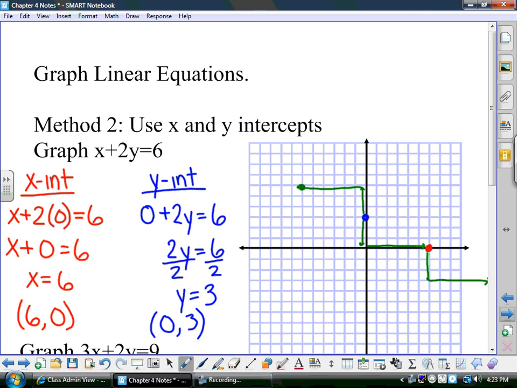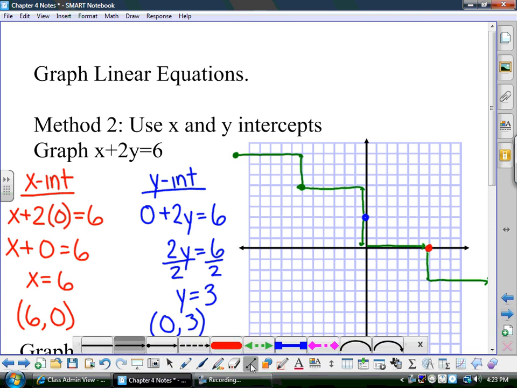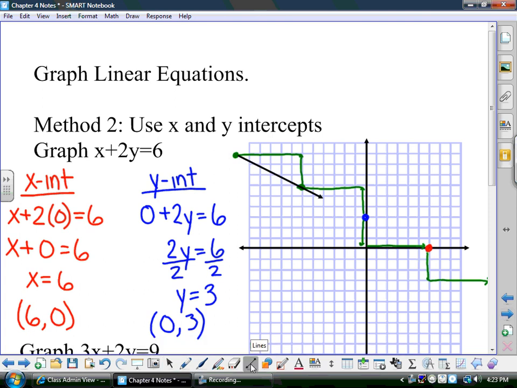And maybe one more time, go up 3 and backwards 1, 2, 3, 4, 5, almost 6. Use a ruler or something very, very straight and connect those points to make a line. It is a line that keeps going, so make sure you have arrows at both ends.